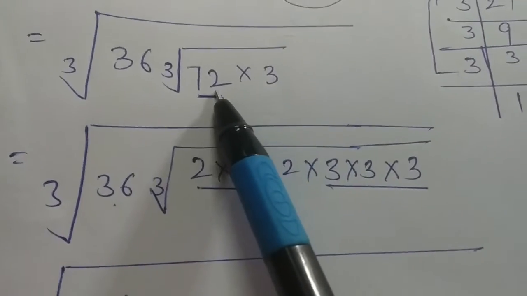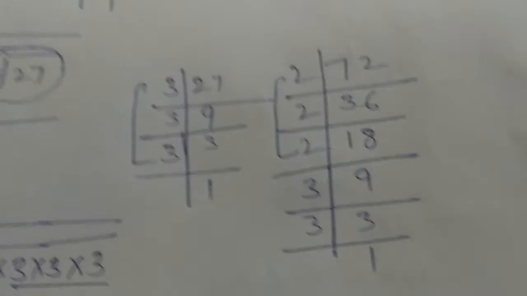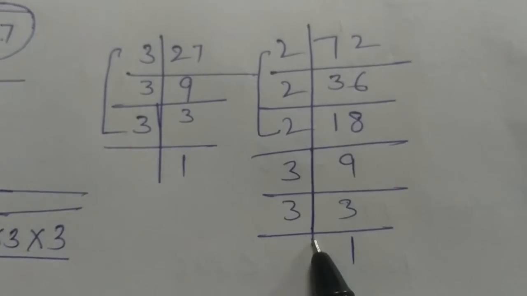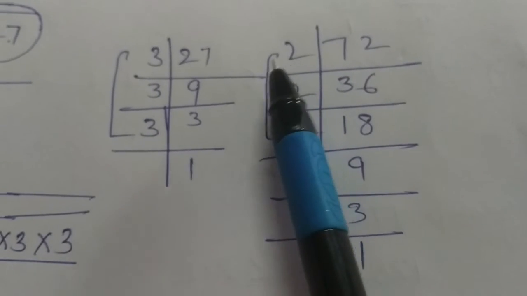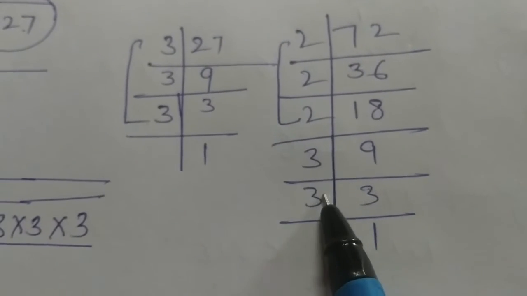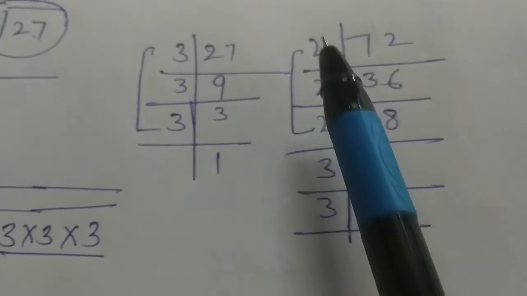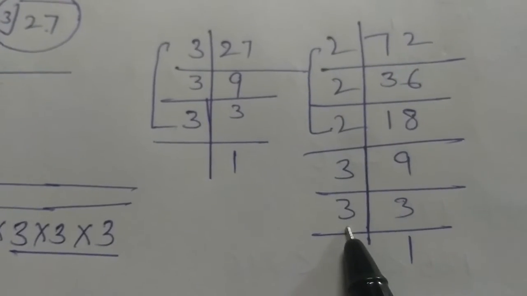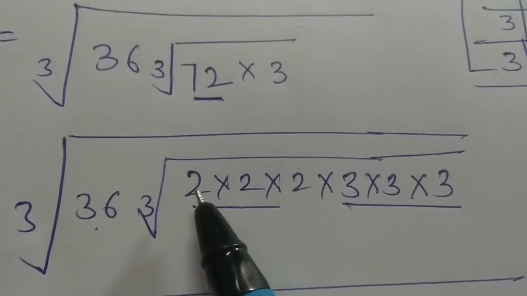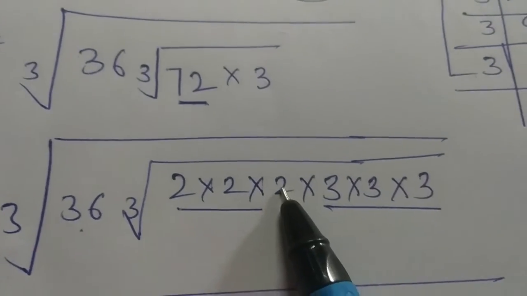Now make the factors of 72. See here, when I made the prime factors, I got this triplet of 2, but I am having only these 2 here. Write all these prime factors here in the cube root. 1 2 3 and 1 2.